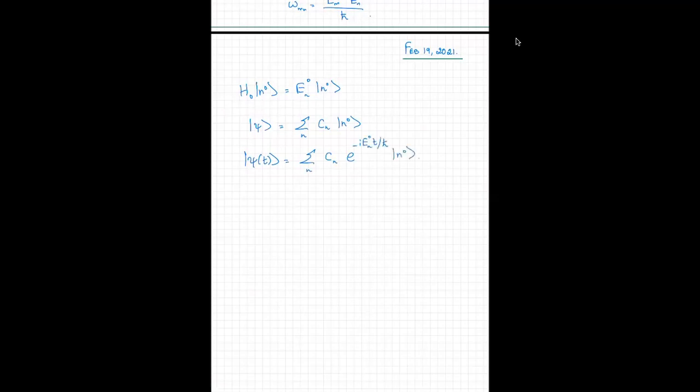the sum of Cn e to the minus i En0 t over h bar times |n0>. So now if I make my Hamiltonian time dependent by fiat like this, we discussed yesterday that I can again express any state as a linear combination of the eigenkets of the original Hamiltonian, because the original Hamiltonian is still a Hermitian operator, and it still furnishes eigenkets that are orthonormal.